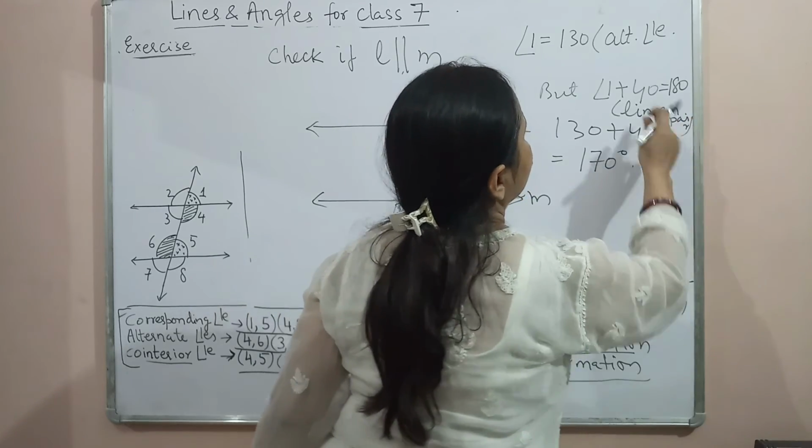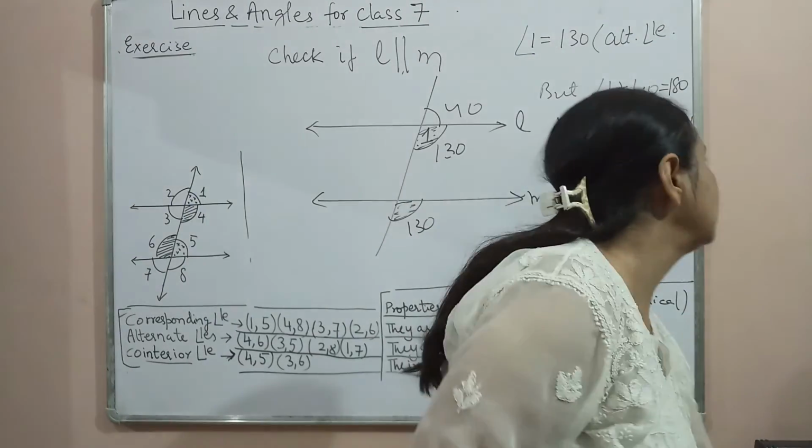Alright. Now since they are a linear pair, they should be 180 degree.